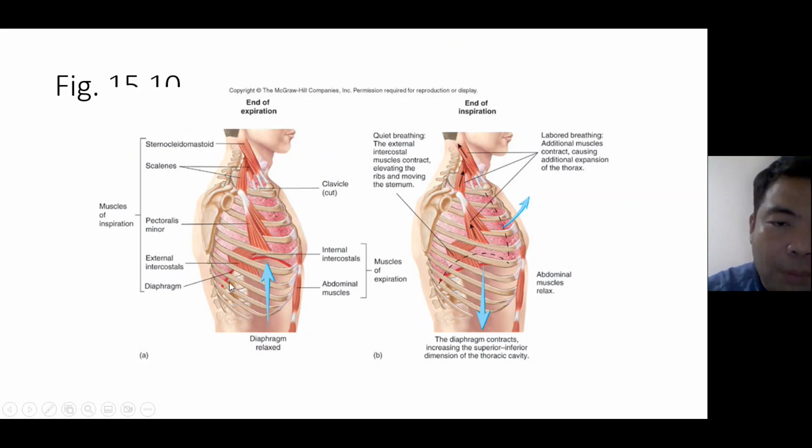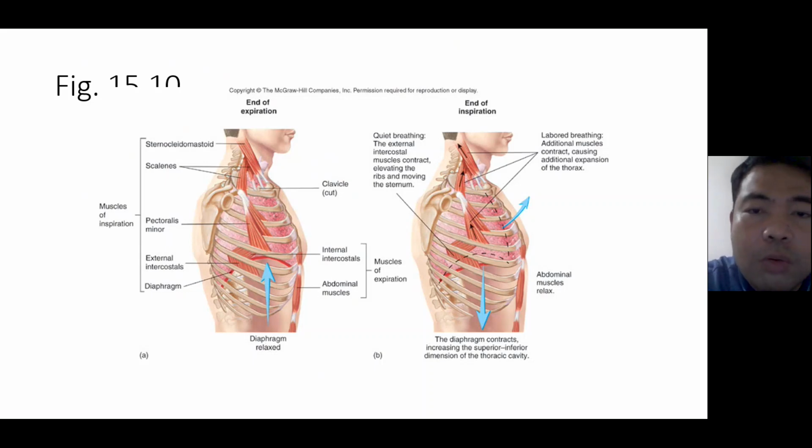The diaphragm is the flat skeletal muscle located at the base of our lungs, while the external intercostals are located in between the ribs. Okay? Now, these are the two important muscles, principal muscles for inspiration. While the rest, such as pectoralis minor, the scalene, and your sternocleidomastoid, these are just accessory muscles for inspiration.